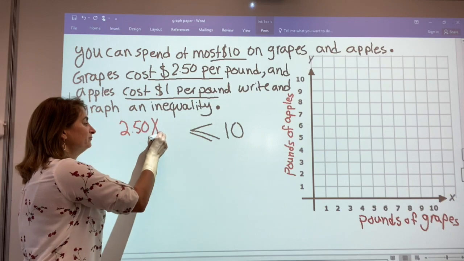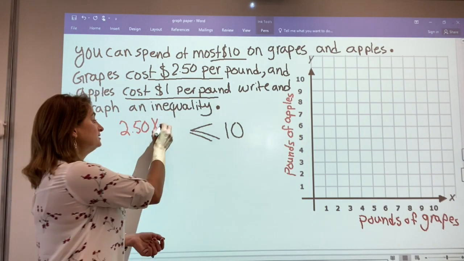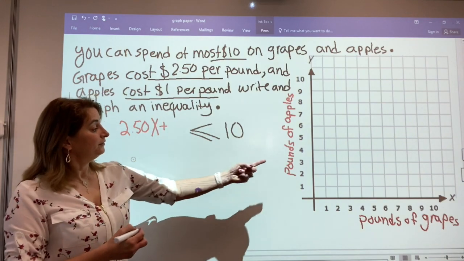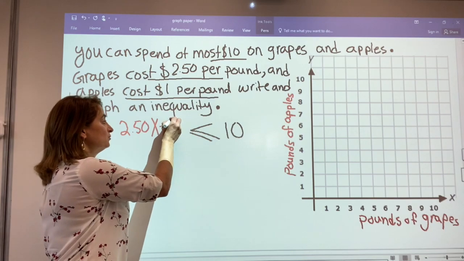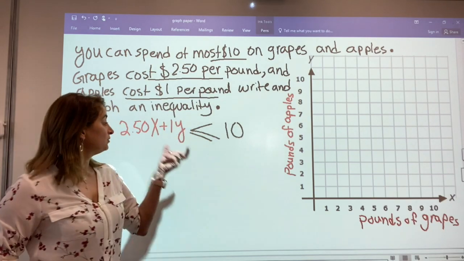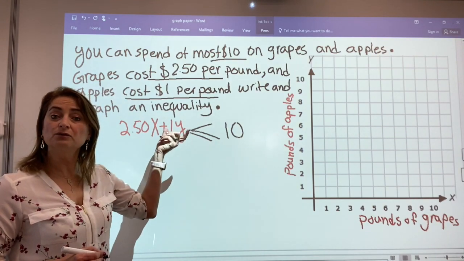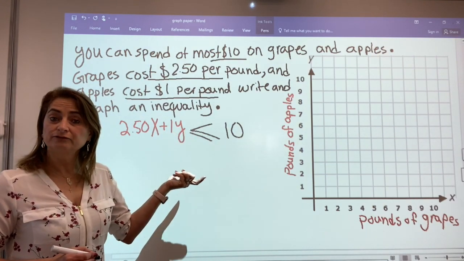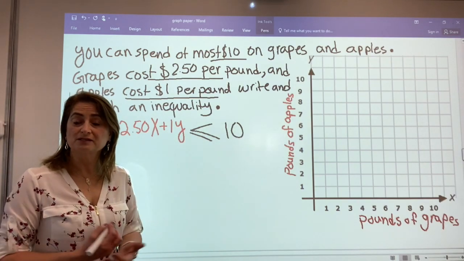So $2.50 times X, which is the number of pounds, plus how many pounds of apple I can buy. Each one costs $1, so 1 Y. So the combination of $2.50 for X plus the $1 for the Y has to equal or less than $10, which is the maximum I can buy.